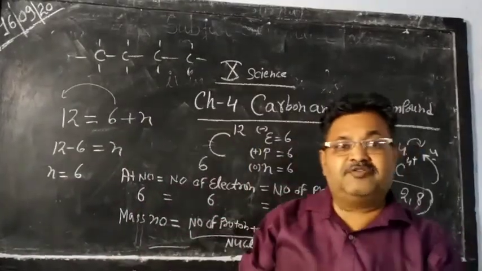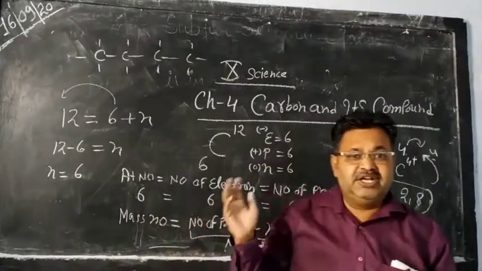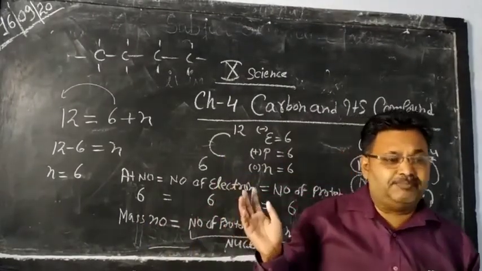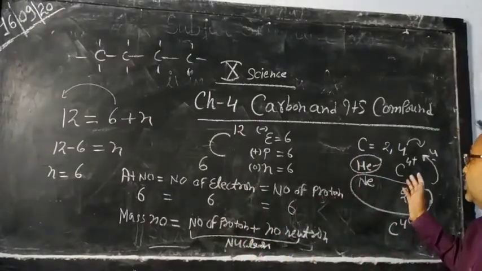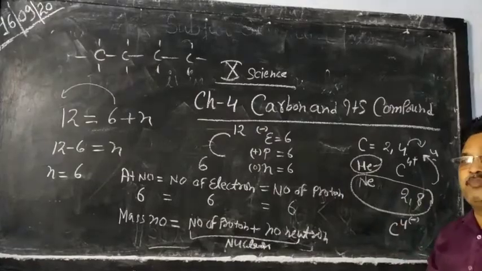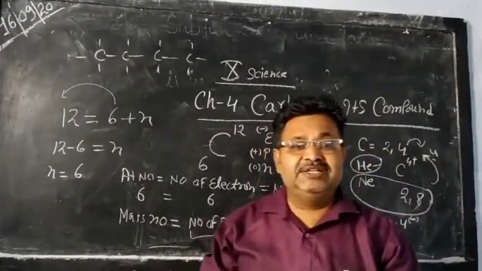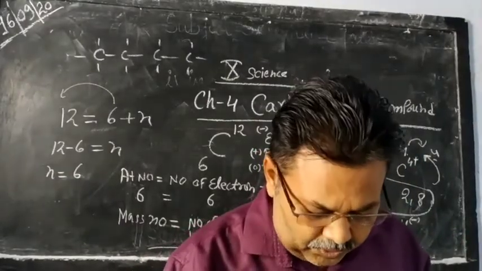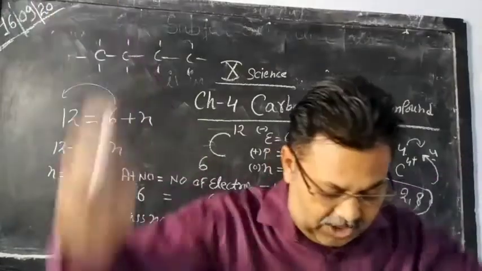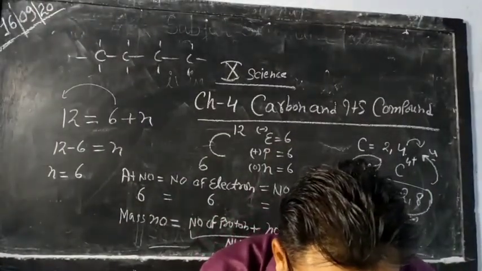This property of carbon is known as catenation. That's why it has an enormous number of compounds. So due to this property, carbon is known as a unique element. Do you understand? Okay.